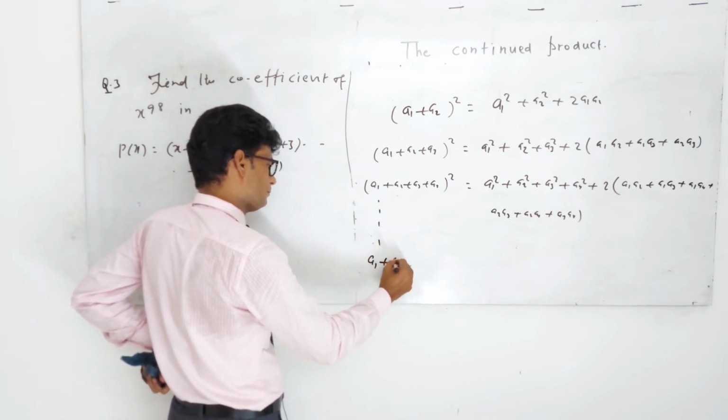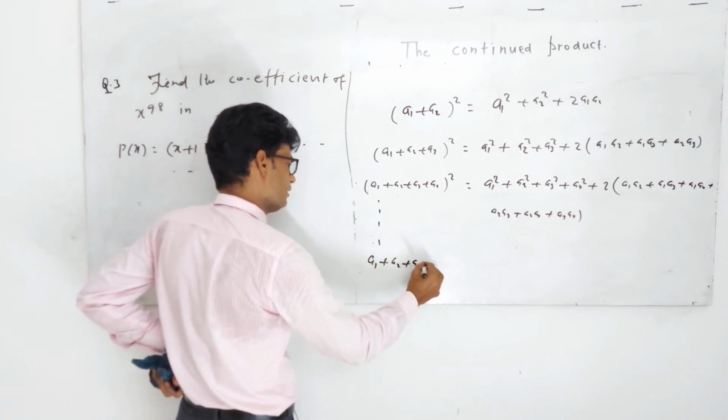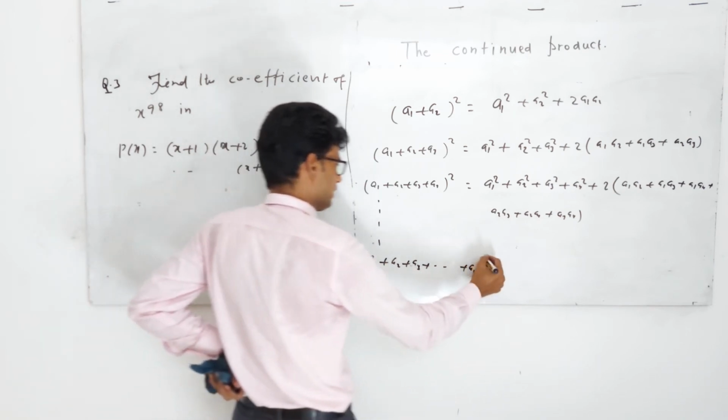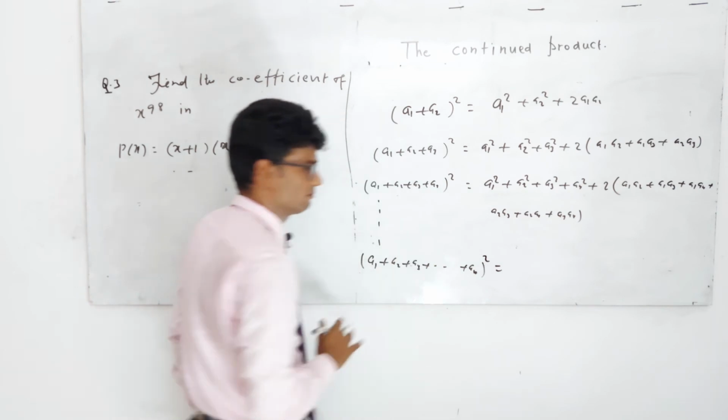Here is a1 plus a2 plus a3 plus dot dot dot plus an. This whole square comes out to be, here, I am unable to write all of them.